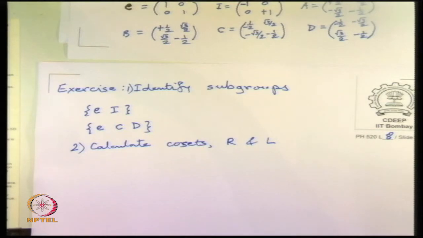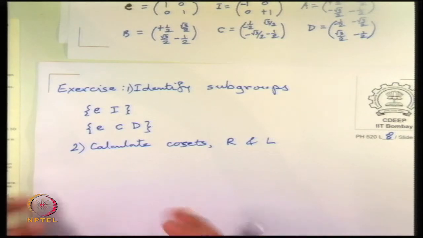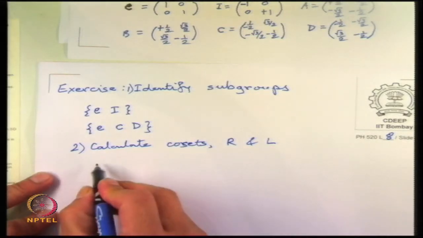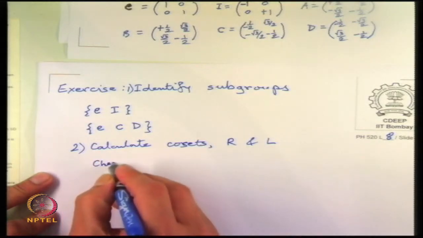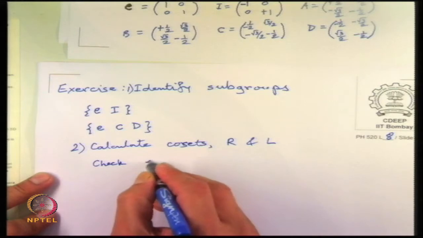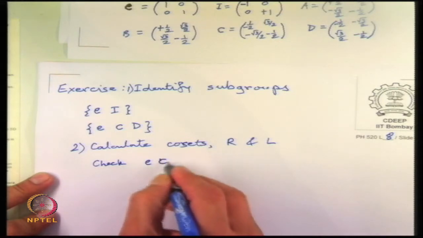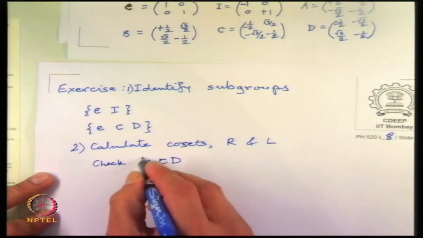let me go and prove the theorem that we wanted to prove about normal subgroups. So, here it turns out that if you do this, then check that E, C, D is a normal subgroup.